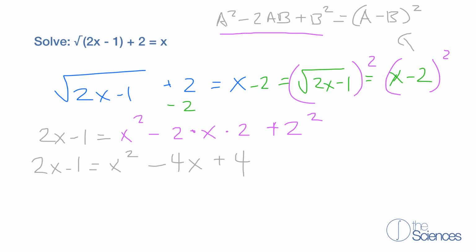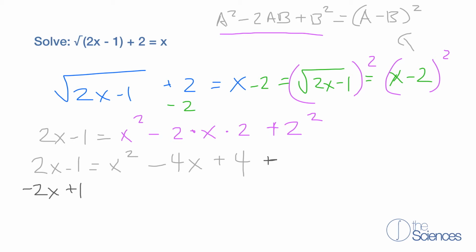To solve this, we want to obtain 0 on one side of the equation. So here we can obtain 0 on this side by subtracting 2x plus 1 from both sides.